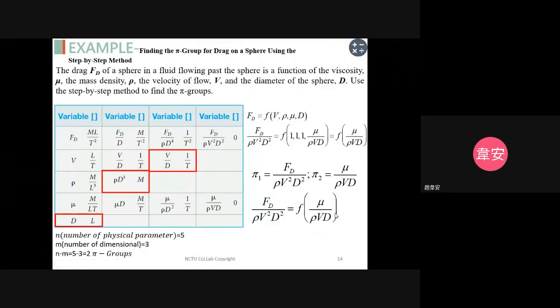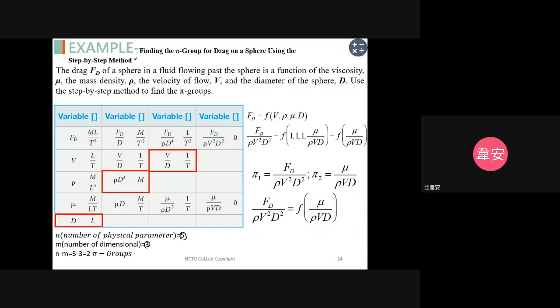Okay, good morning. Last class we introduced the exercise shown here, and this slide just highlights how we can do the dimensional analysis by step-by-step methods. For this exercise, the number of physical parameters is 5, and the number of dimensions is 3.